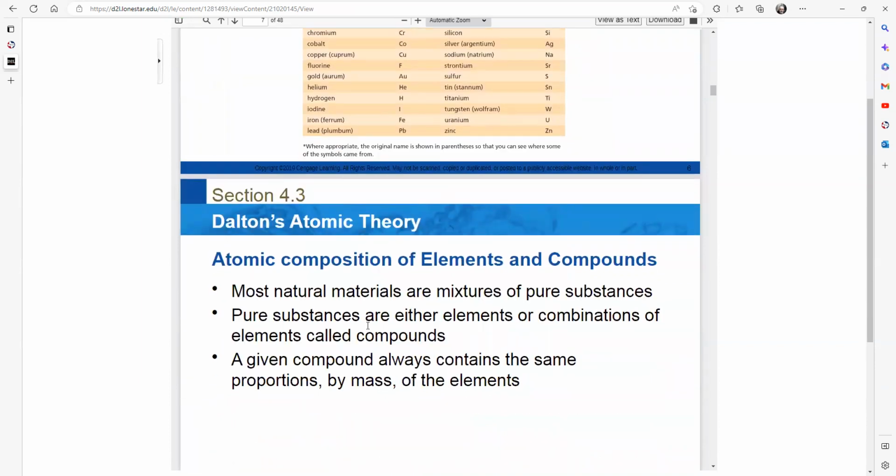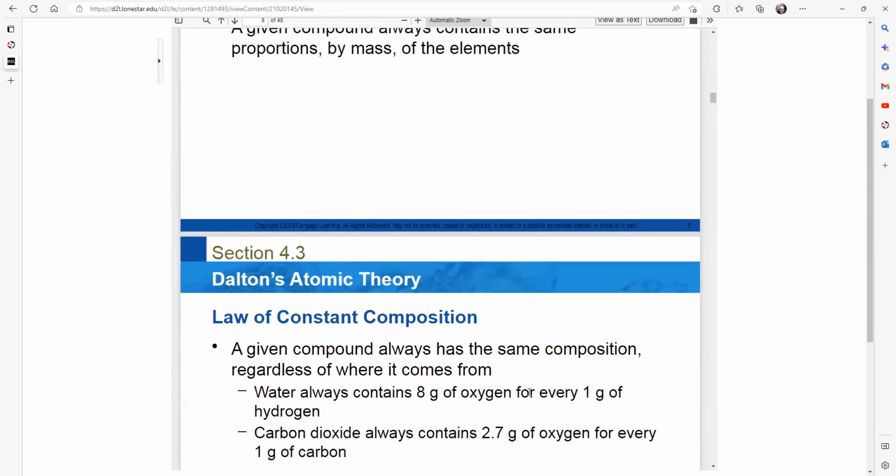Most of the material are mixtures of pure substances. Remember that a pure substance could be an element or combinations of elements. But the compounds always contain the same proportion by mass of the elements.